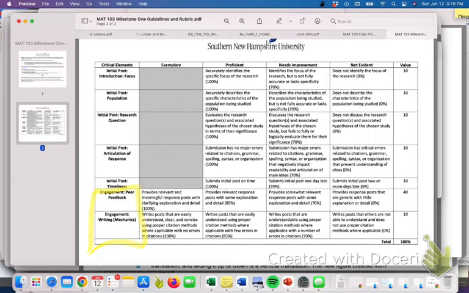So the paper, while it's certainly important, if you had a hard time with the paper, but you did a good job on your peer feedback replies, your overall grade was still going to be a good one because almost half your grade was that peer feedback. Well, on the final paper submission, we don't have peer feedback this time. So that means your entire grade is actually based on the paper itself.